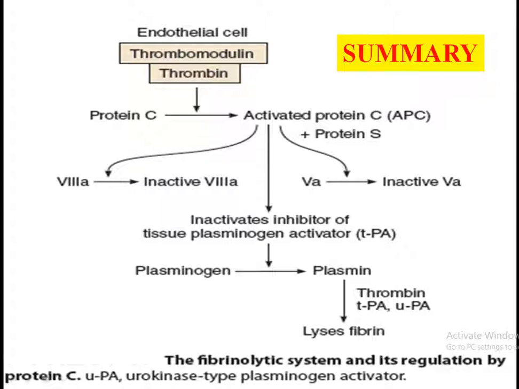Almost this is the whole summary, starting from the thrombomodulin-thrombin complex. Then protein C is converted into activated protein C, and so on. And you can see that plasminogen is converted into plasmin, and then the role of the TPA, so that the lysis of the newly formed fibrin clot takes place.